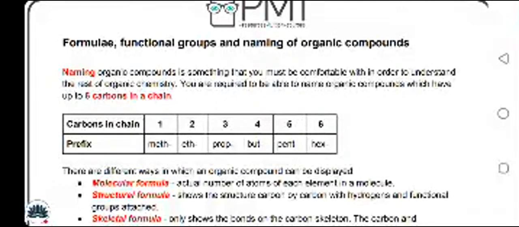For one carbon it is meth, for 2 it is eth, for 3 prop, 4 but, pent for 5, hex for 6, hept for 7, and oct for 8.